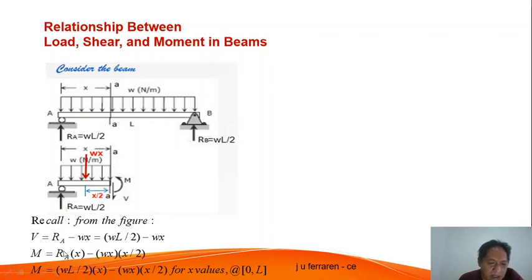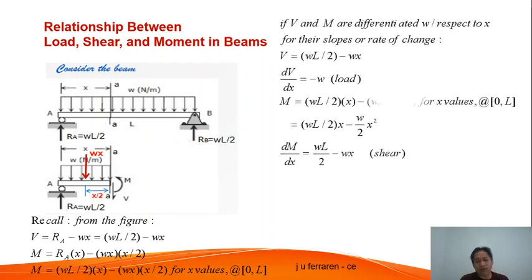So RA with the moment arm X, then the moment arm of the WX is X over 2. So we multiply and simplify. We have WL over 2 times X, substituting the RA, then minus WX with X over 2. So this is true for values of X from 0 up to L.